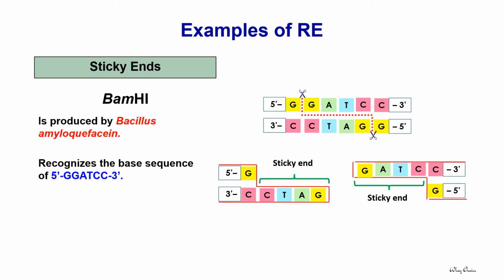Again, Bam was typed in italic form to highlight the source of this restriction enzyme, which is naturally produced by the bacteria Bacillus amyloliquefaciens, and it will identify the base sequence in 5' to 3' of GGATCC. So it cuts in a zigzag way between the guanines from 5' to 3', same goes for the complementary strand, and also produces sticky ends, which always means unpaired nucleotide bases.